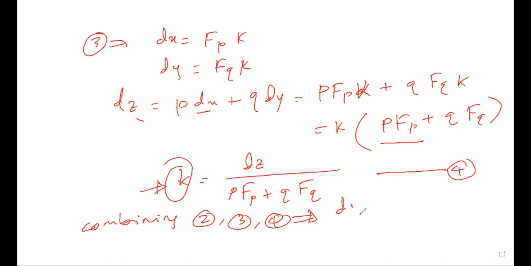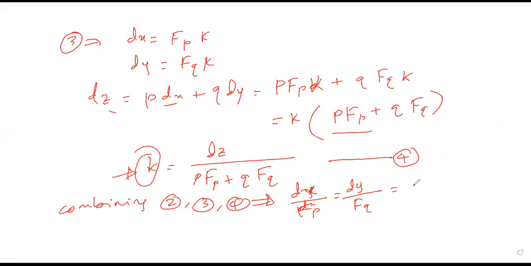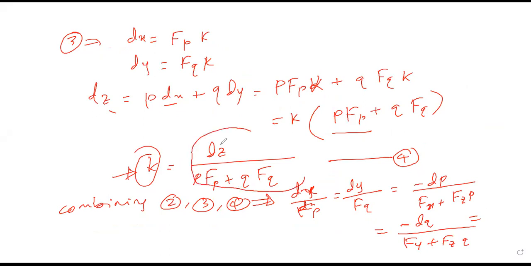All these are equal. dx over fp, dy over fq, which is equal to, I can take the minus up, dp divided by (fx plus fz p), which is equal to minus dq divided by (fy plus fz q), which is equal to k. For that k, I'm going to equate this one, dz over (p fp plus q fq).